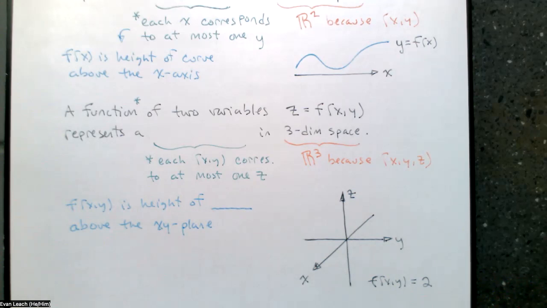Simplest thing possible, just like we did when we were learning math in the first place. Start with numbers. Just start with constants. What are we going to get if above every point on the xy plane, I plot the height 2?